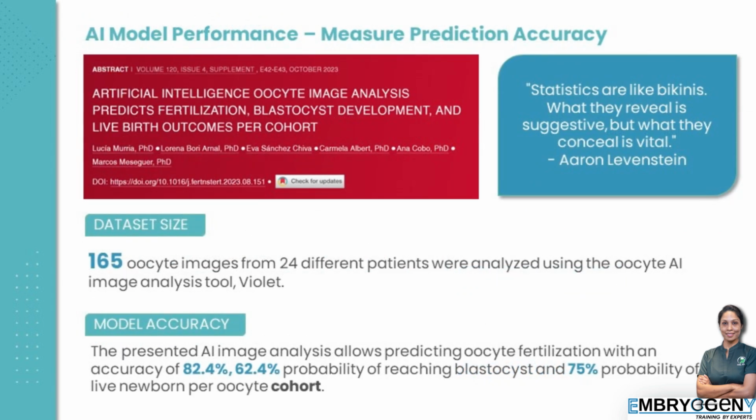The third study, with just about 165 oocytes, evaluates the accuracy of the Violet tool with a different statistical reporting system mentioned in percentages. So at this point, my 2 cents, which resonates with a quote by Aaron Levinstein, is statistics is like bikinis. What they reveal is suggestive, but what they conceal is vital.